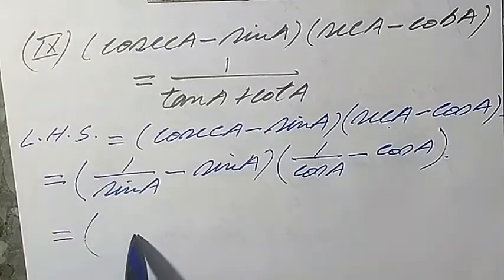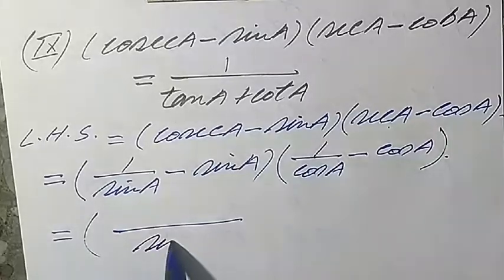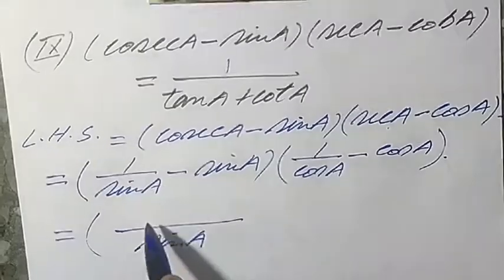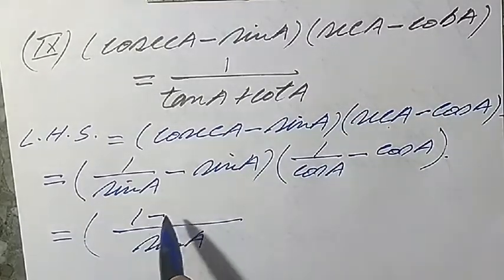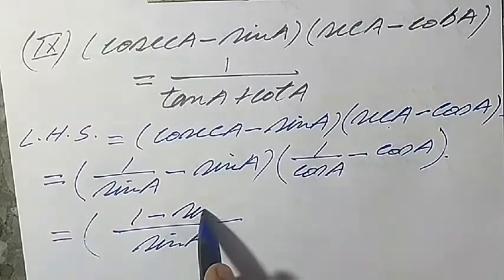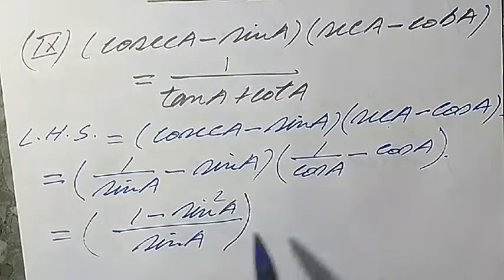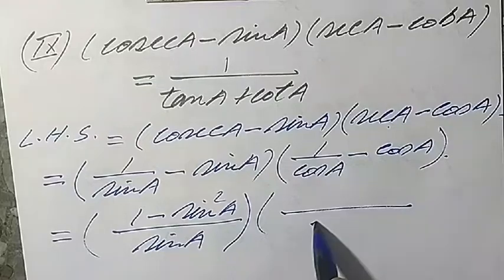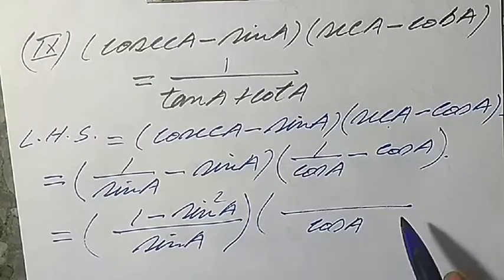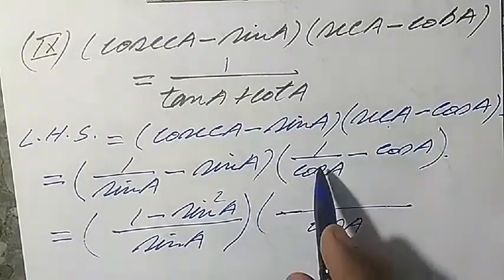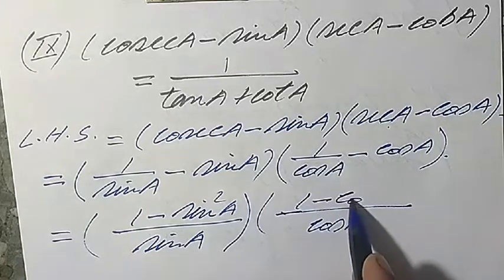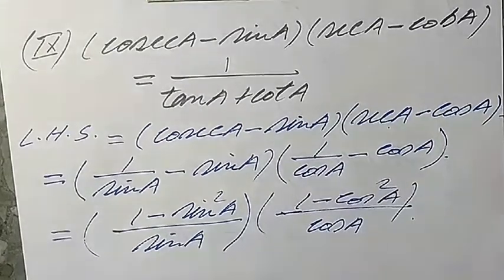Now taking LCM sine A, we get 1 minus sine square A in the numerator. In second bracket taking cos A, LCM, we get 1 minus cos square A.